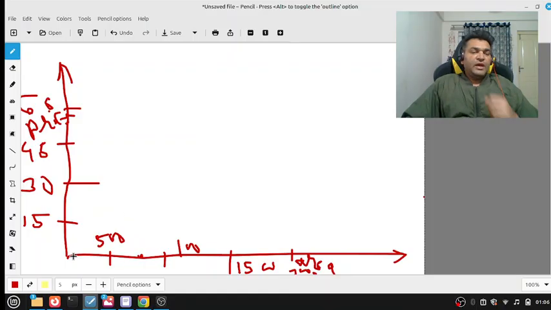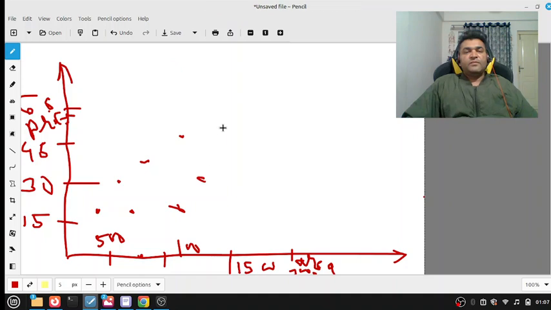If you have a straight line, then you can directly calculate and see the lakhs in Indian rupees. But what if you have points like this? This is one point, this is one point, and so on, something like this.